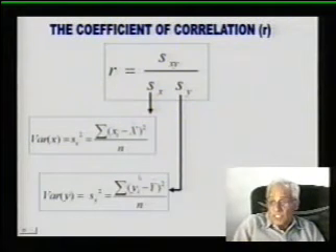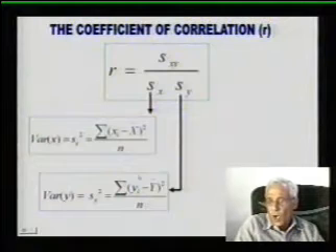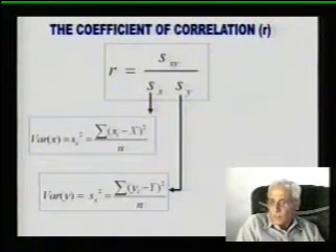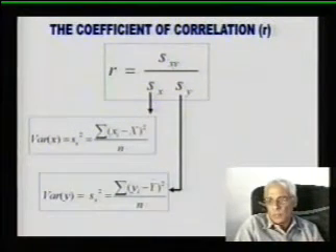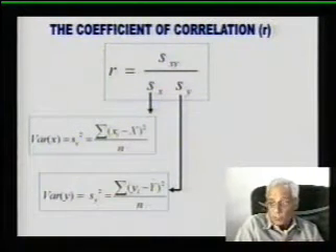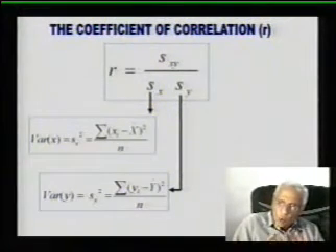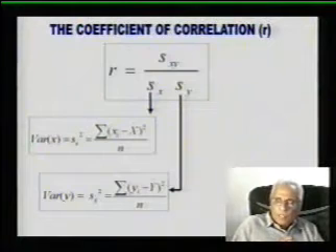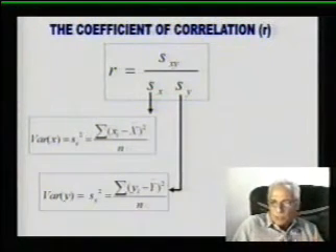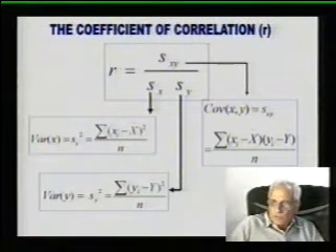SY is the standard deviation of y, and this is derived from the square root of the variance of y, which is the sum of individual y minus the average of y, squared, divided by n. SXY is new for us here. It's not a variance. Well, it is, but it is an interactive variance, and that's why we call it the covariance of x and y.